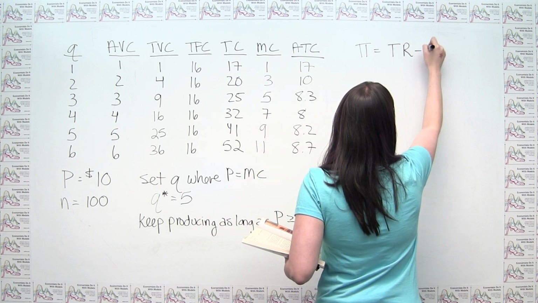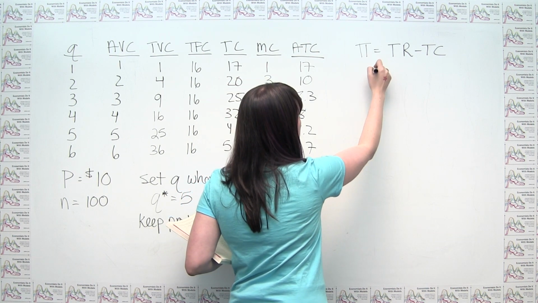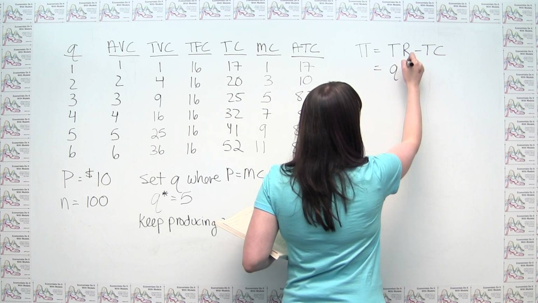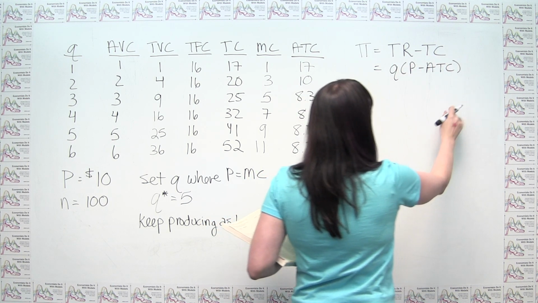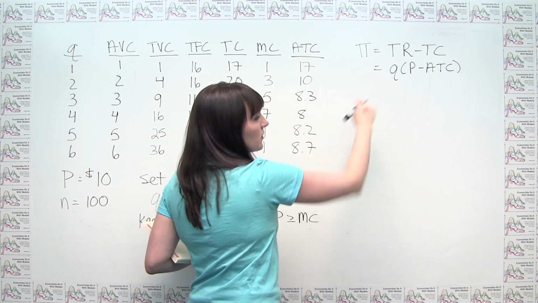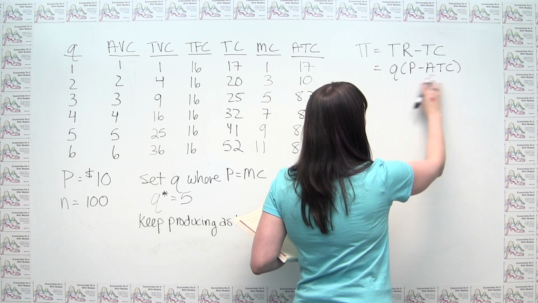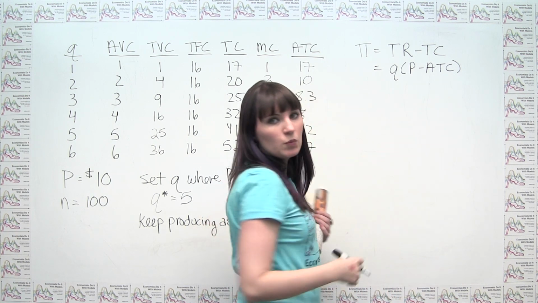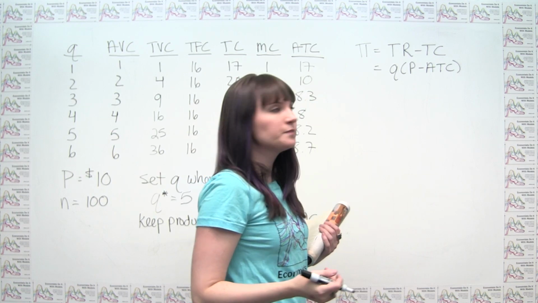You can write profit as total revenue minus total cost. We can also write this, and it's usually more helpful to think about it this way, as quantity times price minus average total cost, because we know that quantity is always greater than or equal to 0, so we can tell pretty quickly whether a firm is making a positive or negative economic profit by just comparing price and average total cost at the quantity that the firm is actually producing.